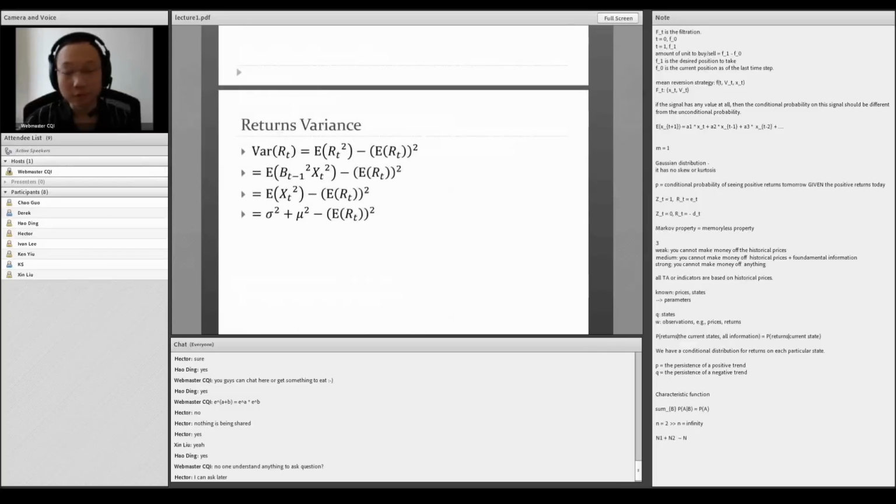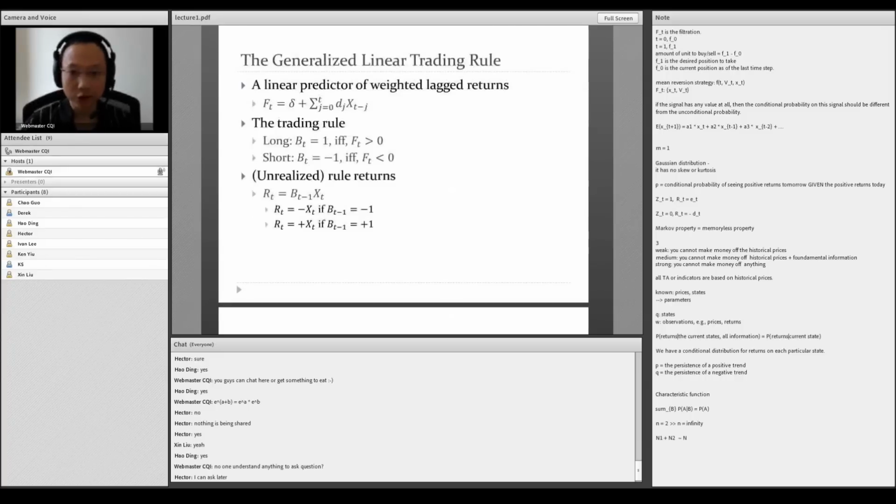Namely, we want to know the distribution of R_t, as in the moving average example. When we analyzed the moving average crossover example, we computed a distribution. Here we want to compute a distribution too, but that may be too complicated, so we only compute the expectation and the variance, the first two moments.